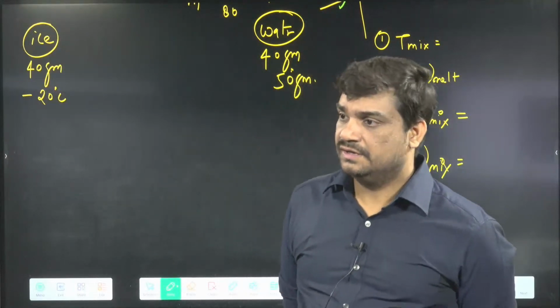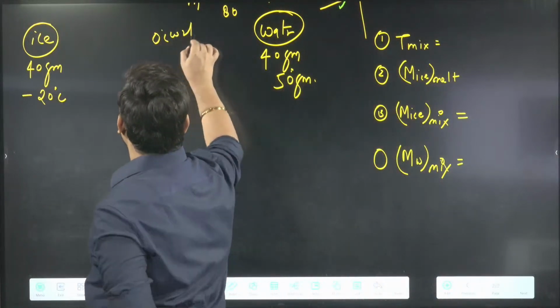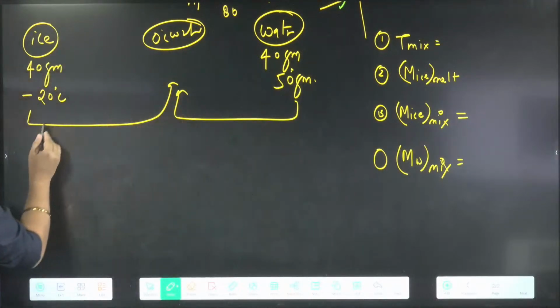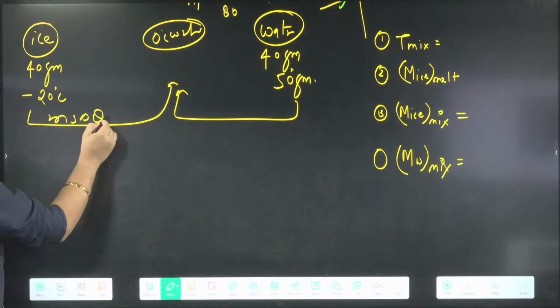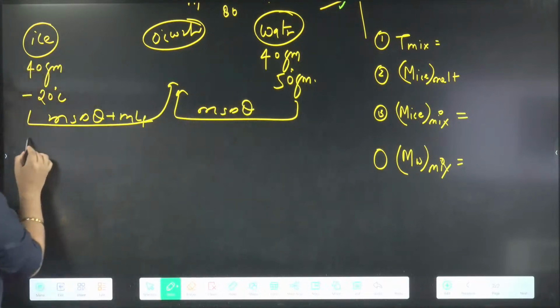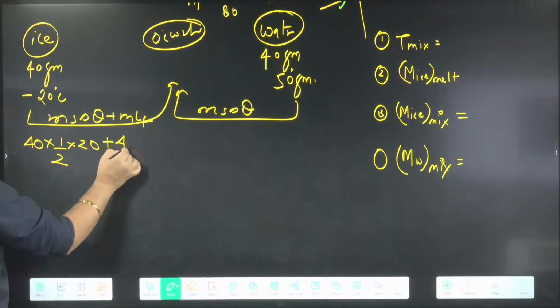Yes. Okay, so now we have to assume 0 degrees Celsius, and this will also be converted. So first of all ms delta theta as well as mLf, and here we can write simply ms delta theta. m is 40, this is half into 20, plus 40 into 80.